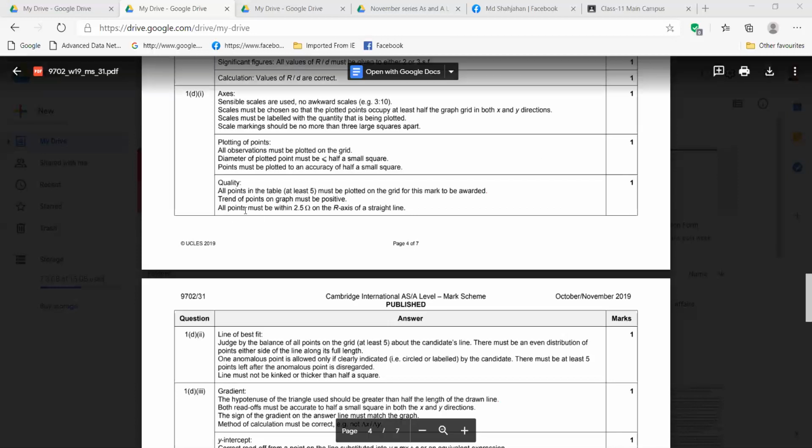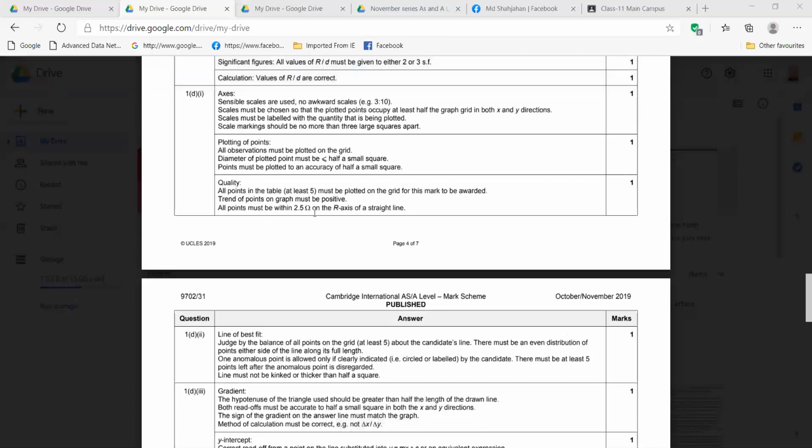All points must be within 2.5 ohm on the R-axis of a straight line. That means when you are plotting points, you are getting some values of R, right?